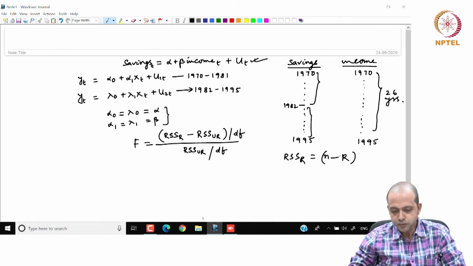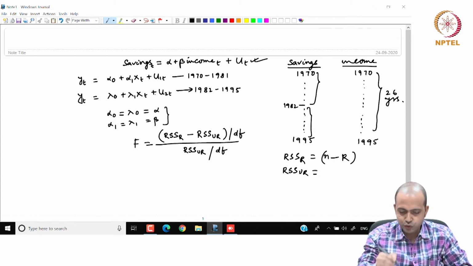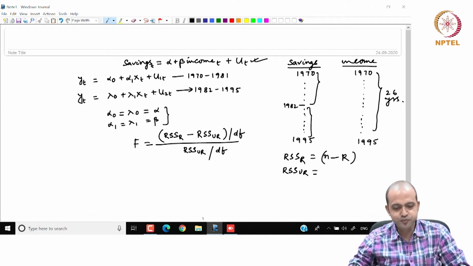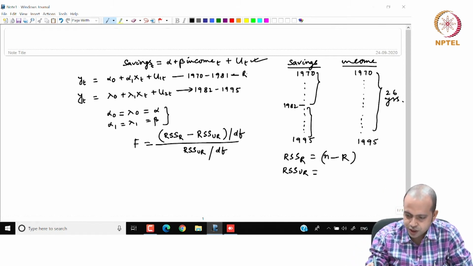Now, how will you get the degrees of freedom for the unrestricted model? Unrestricted means we have two models here, and in both models the RSS will have degrees of freedom. For this period this is RSS 1 and this is RSS 2.